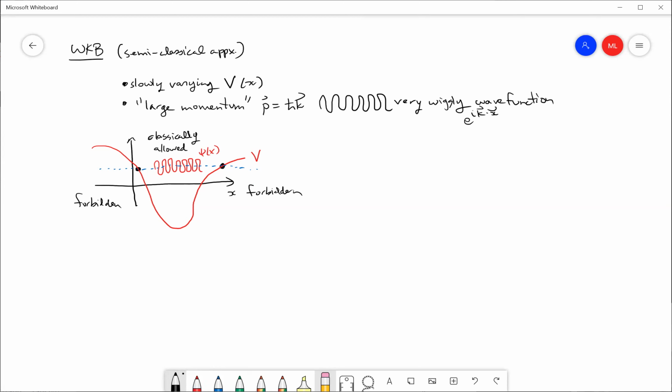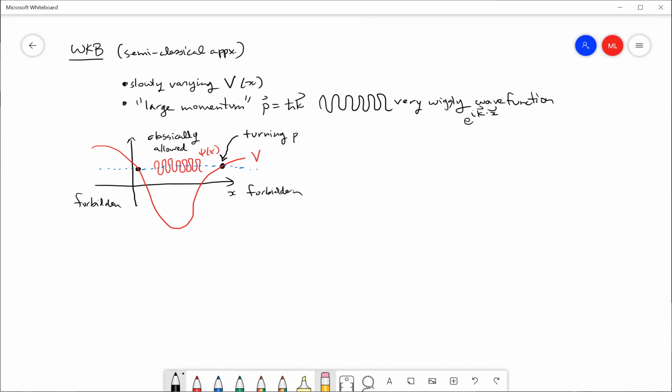That's the basis of WKB, trying to take advantage of that picture where we know classically the particle is not allowed inside these regions, and in here it's just going to be rattling around. These points here are called turning points.